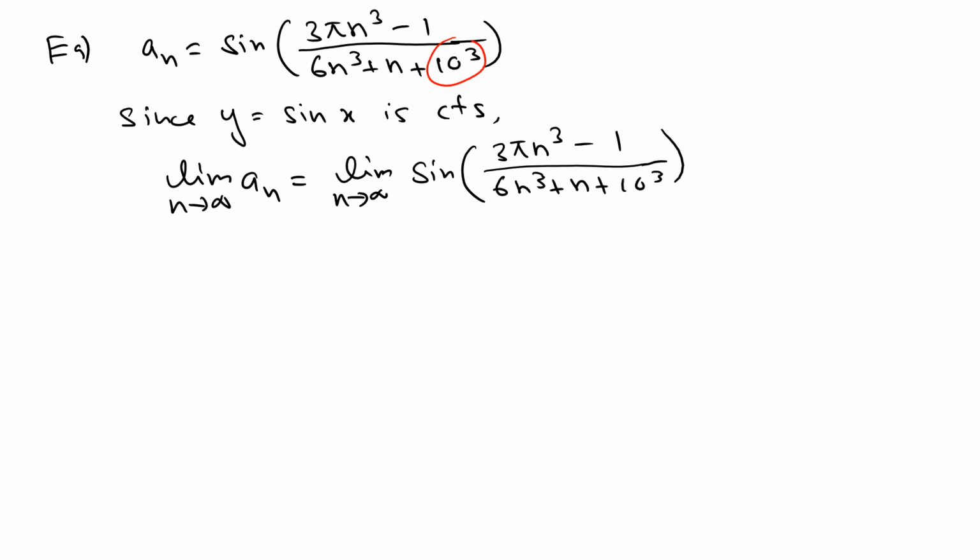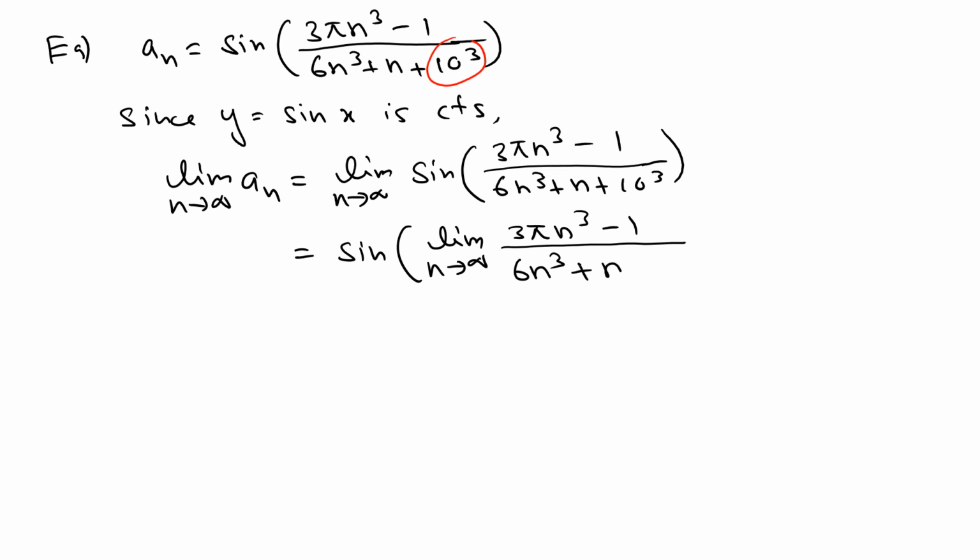So we can bring the limit inside because sine is a continuous function. So we're going to bring the limit inside of the function. So that's the result: 3 pi n cube minus 1 over 6 n cube plus n plus 10 cube.